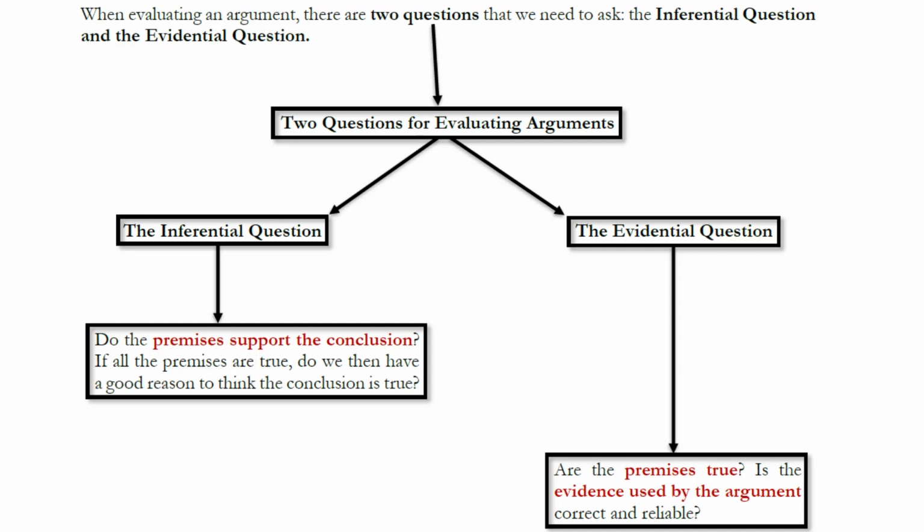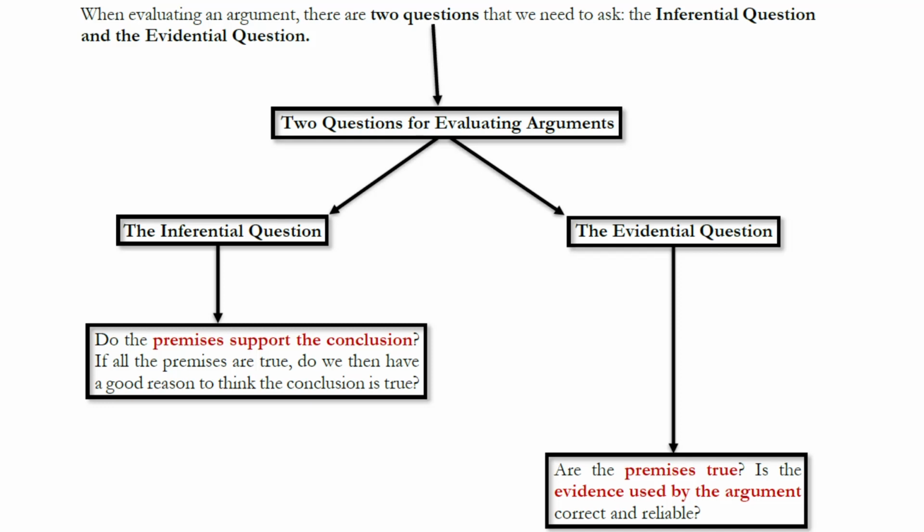The critical thing to notice about the inferential question is this. When we ask this question, we are not asking whether the premises that the argument presents are actually true. At present, that is not our concern. Rather, we are asking the following. If we were to assume that those premises are true, then would we have a good reason to think that the conclusion of the argument is correct?